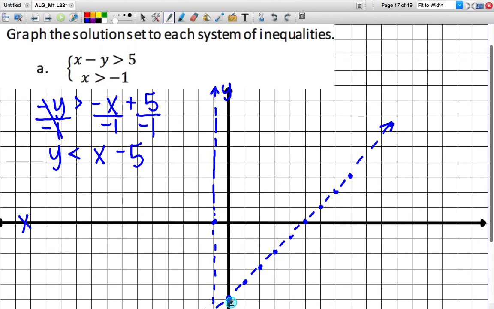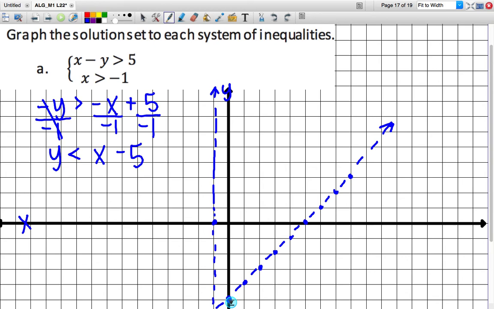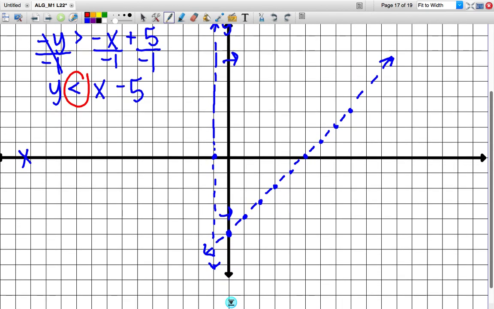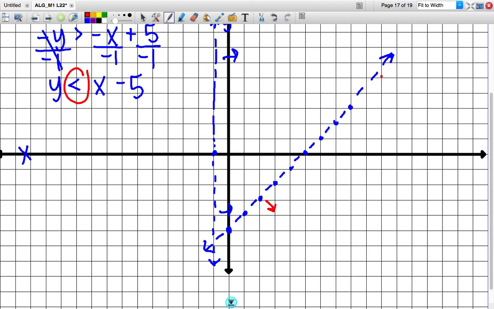So now let's go back to our shading. So this last one that we just graphed, x is greater than negative 1, which means it would be to the right of this line. So anything to the right of this line. And if you look at our other line, y was less than. Y is less than that line, so below that line, lower.